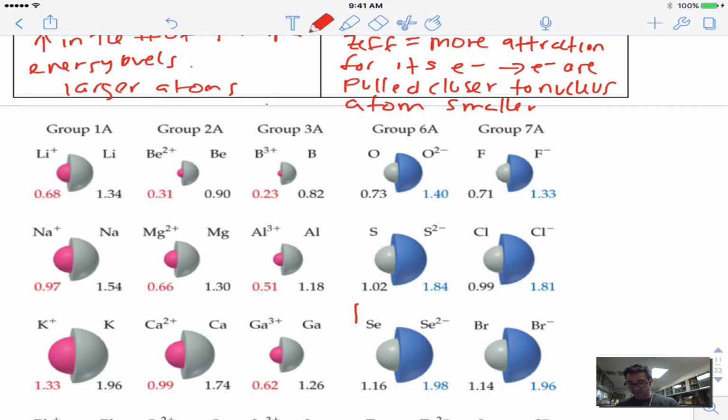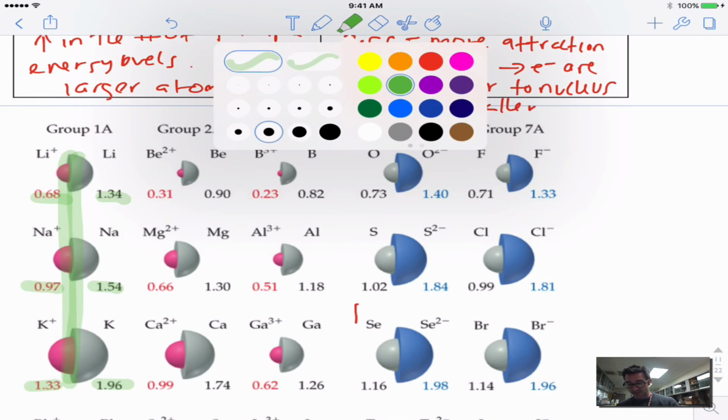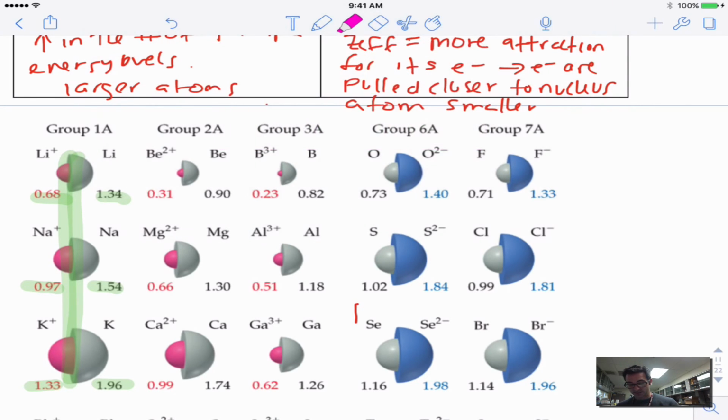If we go down a group here in green, we can see that the atom's getting larger. Here is the radius of both the ion and the atom. They're getting larger. Now, as we go across, if we do that in pink, then we can see that going across, the atoms are actually getting smaller.